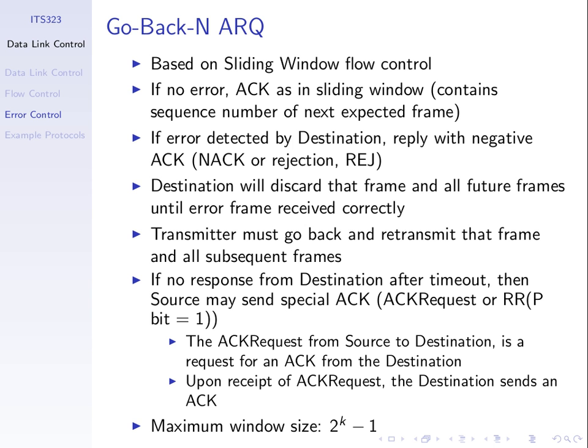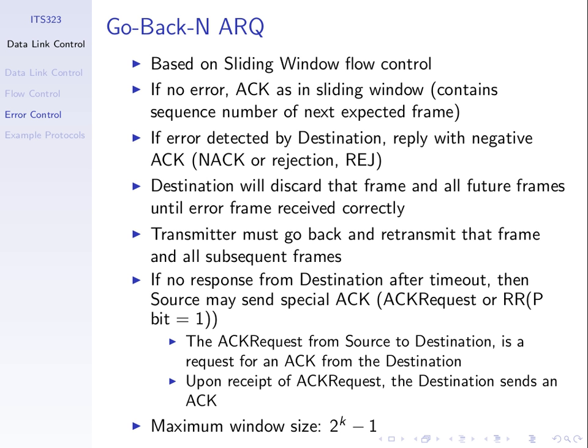So the source sends multiple frames to the destination. The destination receives multiple frames. If it detects one of them is wrong, it discards that one and all subsequent frames it's received. And it sends a negative ARQ to the source saying there's been an error, send again. And then hopefully the source will retransmit and then it will receive the correct frame.